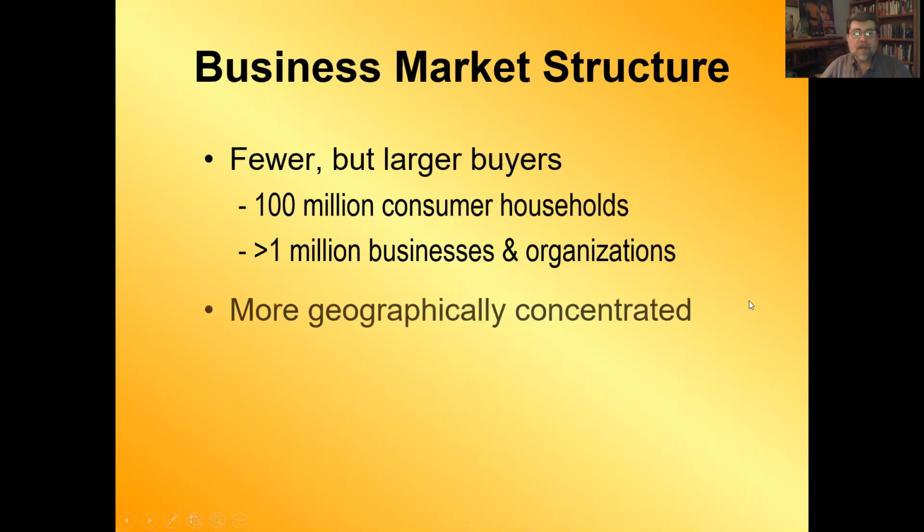So they also tend to be more geographically concentrated, and this may seem a little odd, but if you think about it, certain industries, take the wine industry in the United States, tends to be concentrated in California, particularly in the Napa and Sonoma Valley areas north of San Francisco. I'm not saying it's all there, but that's where it's primarily concentrated in California.